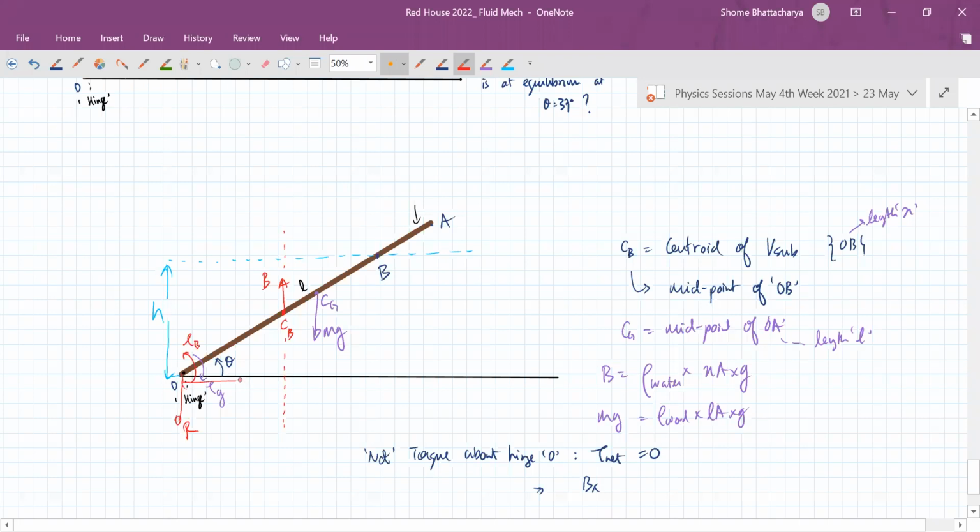Suppose this is R1. This is creating a clockwise torque. This should be balanced by mg into this moment arm, which is creating the anti-clockwise torque. So now all this information has to be used.